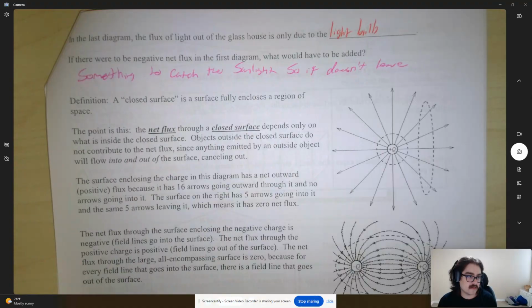Then you end up having more lines entering the house than leaving.